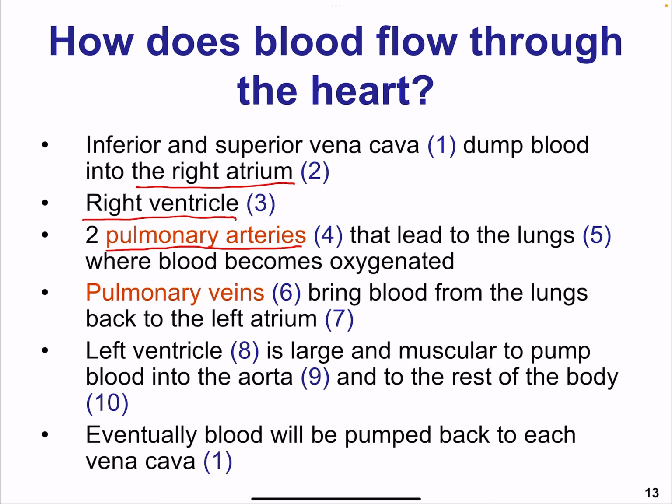Now, in the lungs, the blood is going to be loaded with oxygen and get rid of carbon dioxide. At that point, the blood is now going to turn a bright red and not dark red as initially.